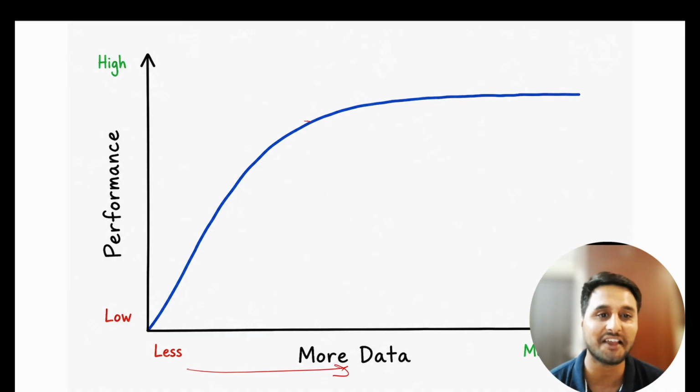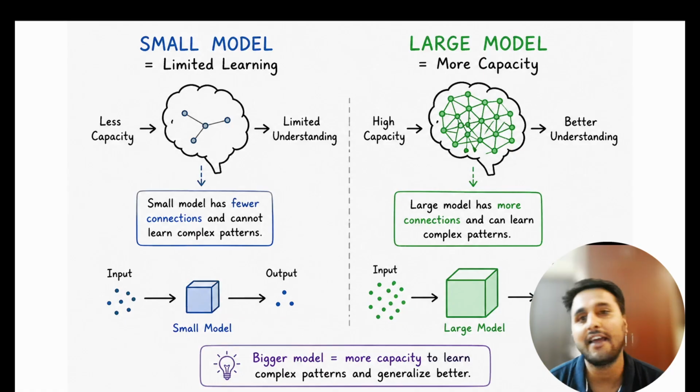So this was the problem. This was the next big problem that researchers faced around 2018, 19, and 20. They saw that it is not the case that giving more and more data gets us a better model, better AI. What was happening? On the right there is a larger model, and on the left there is a small model. In the small model there are fewer parameters, meaning fewer weights and biases.